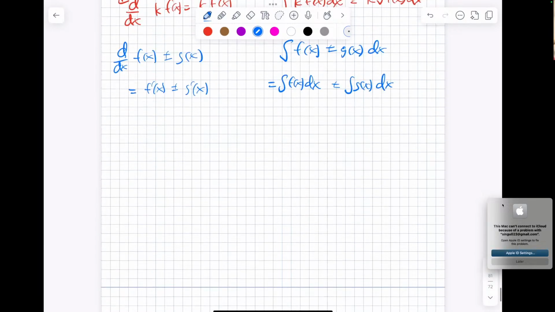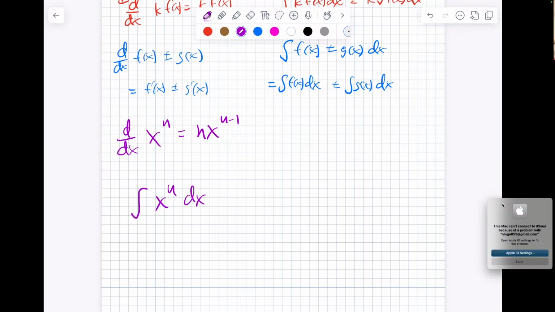Now, lastly, we would like to talk about what we know as the power rule. How do I take a derivative of x to the n? There you go. But this is a derivative. But how do I take the integration of x to the n? Right? So this becomes very critical.